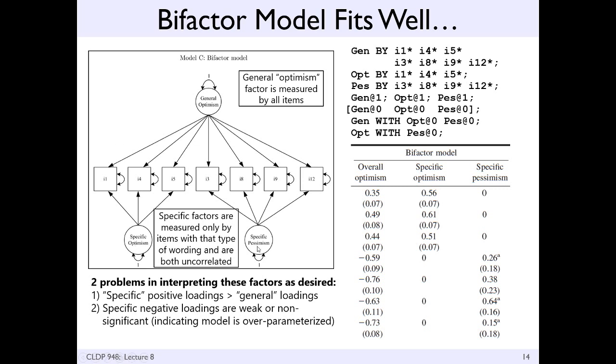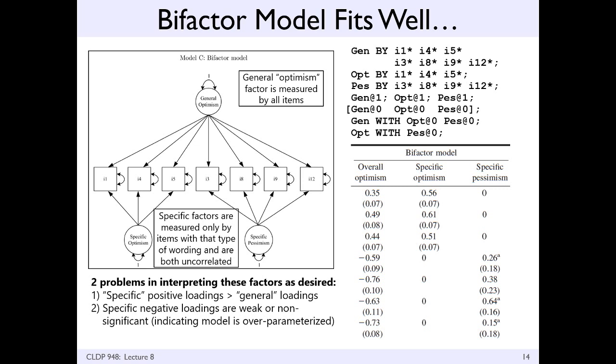But this type of structure has to be defended with the results, not just the structure, for it to be plausible. So in this case, it looks like the specific factor has really high loadings, more so than the original factor. That suggests that it's not just the positive wording. It's capturing more of the actual trait than the trait is capturing itself.